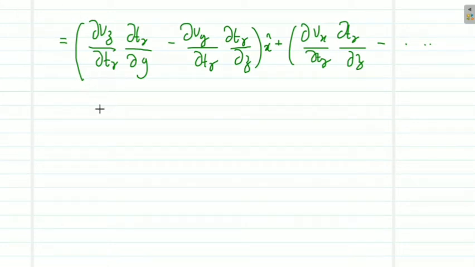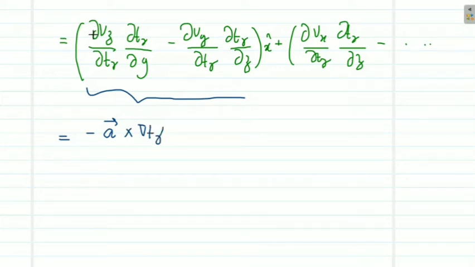So if you look at this expression, these terms simply correspond to minus of vector a bar cross del tR. So here you can see dou vz by dou tR, dou vy by dou tR all stand for a bar, right? Similarly, dou tR by dou y, dou tR by dou z are all parts of del tR. So you can find that this expression actually is minus a bar cross del tR.